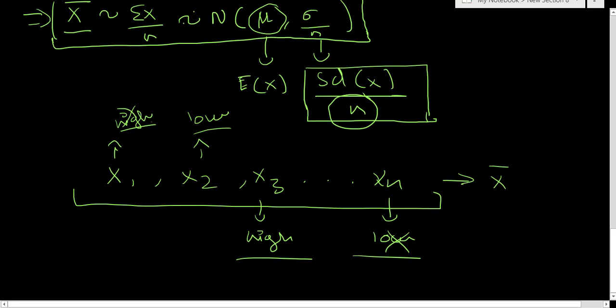This low cancels out with this high and this low cancels out with this high. So in the overall average, the variation reduces, and thus the standard deviation reduces.